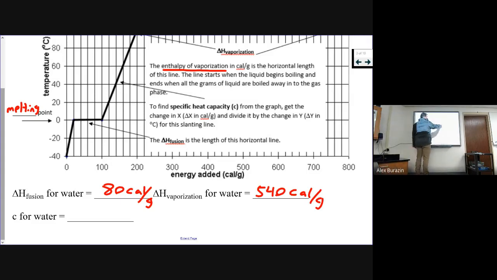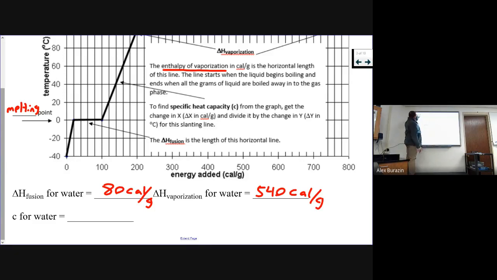To find the specific heat capacity from the graph, get the change in X divided by the change in Y. Do you remember the units of specific heat capacity from yesterday? What were they? Joules or calories divided by grams times degrees Celsius.